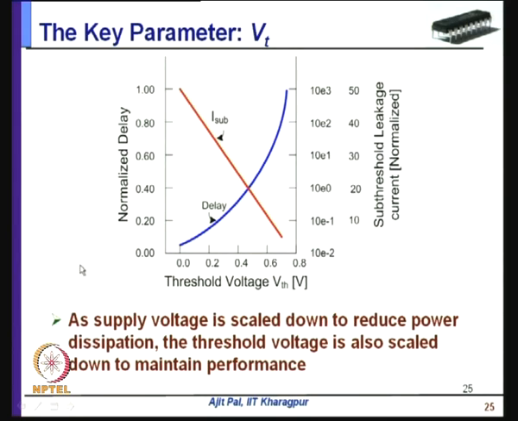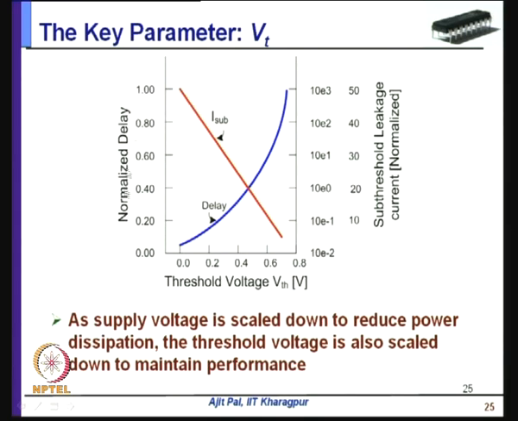As I mentioned, the key parameter that is used for leakage power reduction is the threshold voltage VT. As the supply voltage is scaled down to reduce power dissipation, the threshold voltage is also scaled down to maintain performance. So, the threshold voltage has strong dependence on the leakage power as well as on the delay.